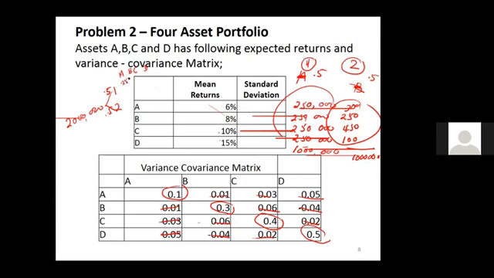0.25 here, 0.25, 0.25. Second portfolio, 0.3, 0.25. Third asset, 0.45. Asset D, 0.1.